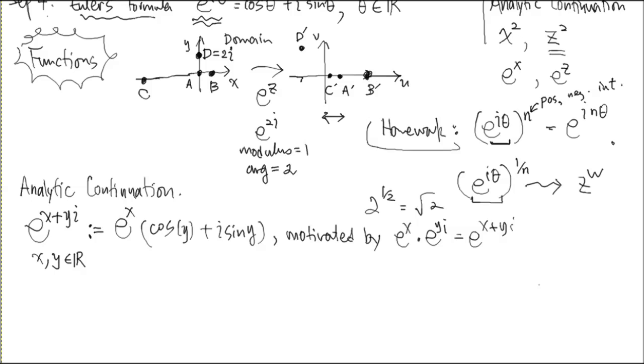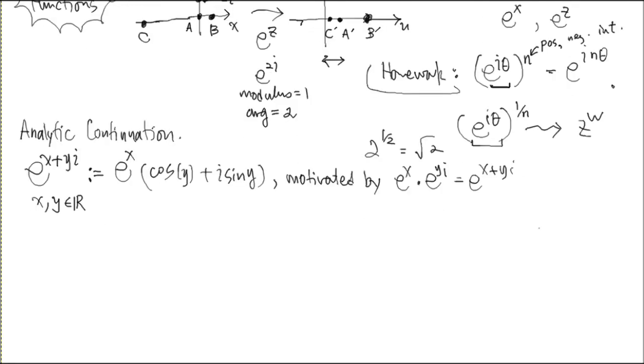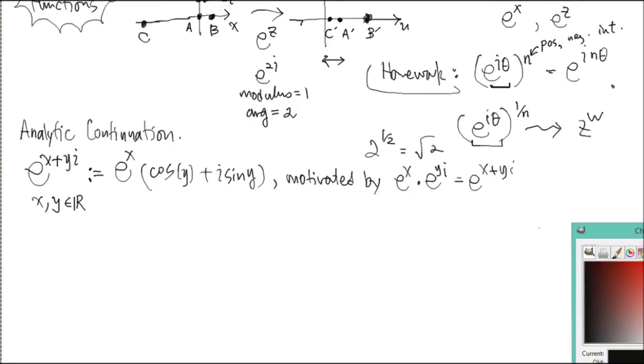Let's remember, if you look at this component here, if you look at complex numbers in that shape, what is this x contributing to? It's contributing to the modulus of this whole complex number. Modulus of what complex number?